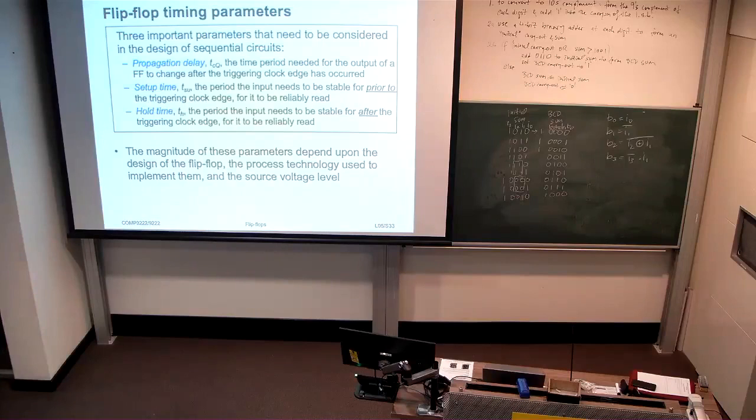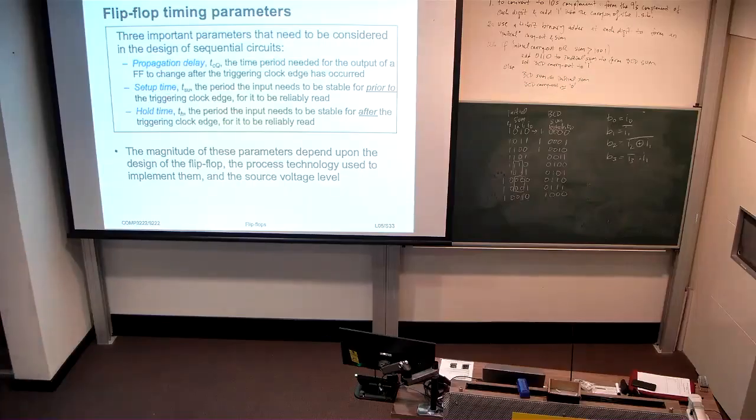The next timing parameter is the so-called setup time. Unless you hold the input D constant for a period of time around the triggering edge, that input isn't necessarily reliably seen by the output of the flip-flop. And therefore, we need to ensure that this minimum period of time, the setup time, is observed. Otherwise, we don't get a reliable transition in the flip-flop.